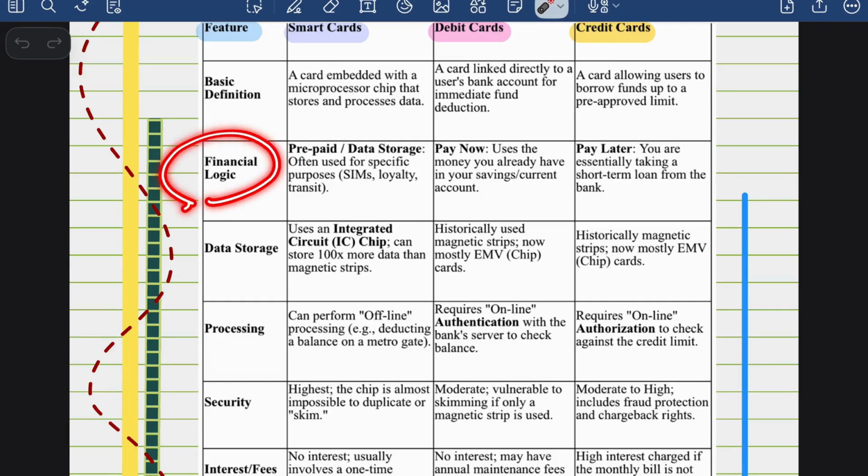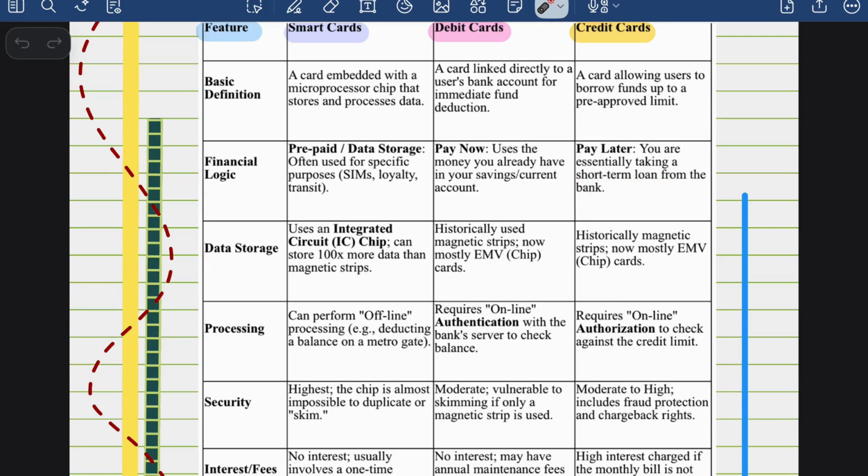If we talk about financial logic, the smart card is prepaid, or it is mostly known for data storage, and it is often used for specific purposes like SIM, loyalty, transit. And the debit card is pay now, it uses the money you already have in your savings account. And the credit card uses the financial logic of pay later, where you're taking a short-term loan from the bank.